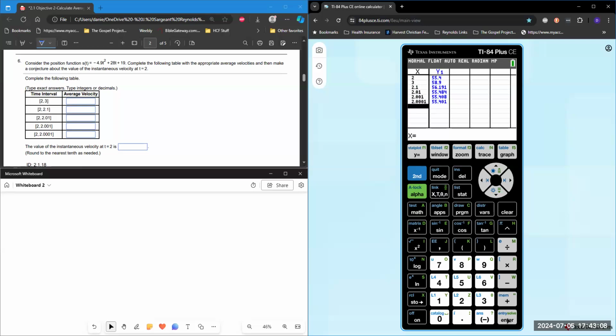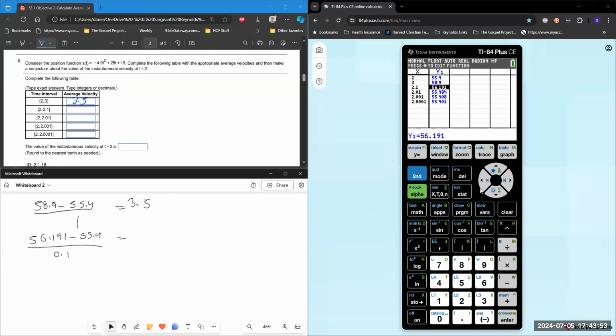All right, so we start off with 58.9 minus 55.4 over 1 is 3.5. Then we have 56.191 minus 55.4 over 0.1.